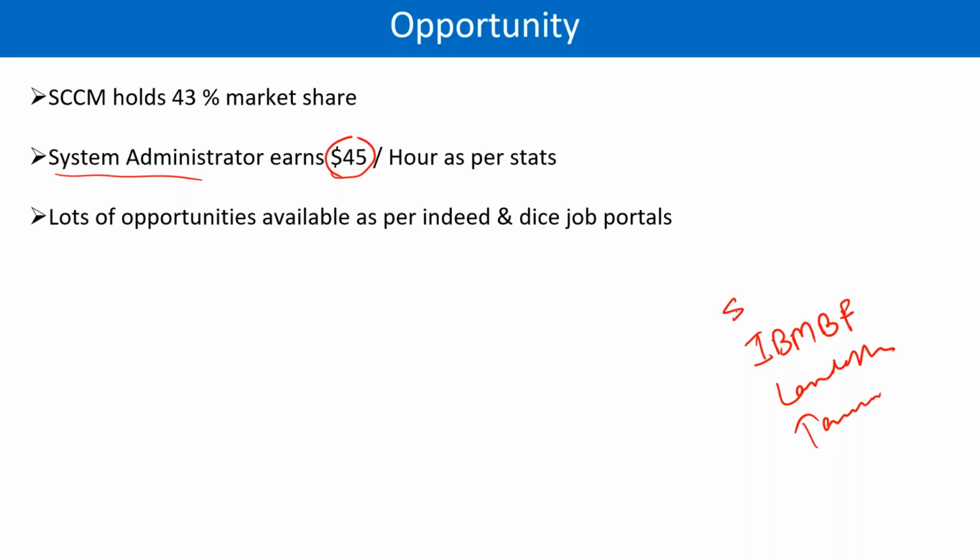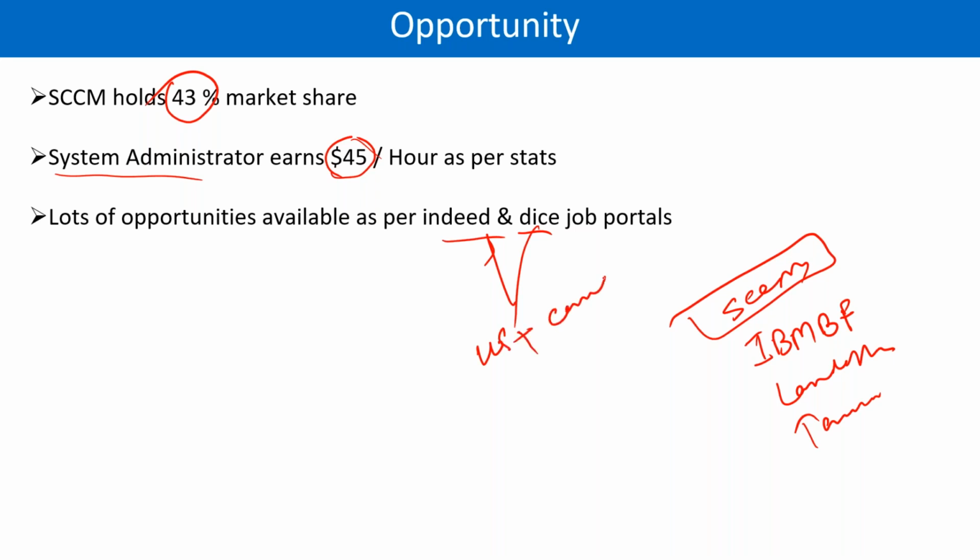Other products are there, but SCCM is leading the market, and it holds somewhere around 43% of market share. So a lot of opportunities you can get on the Indeed and Dice portals. These are the 2 leading portals in the US and Canada.